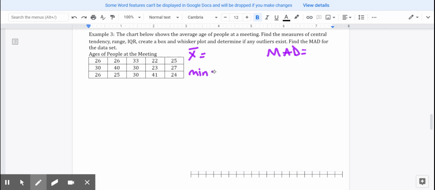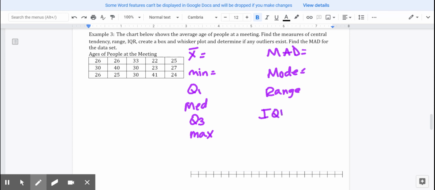So that'll be the minimum, Q1, median, Q3, and the max. In addition, they want us to find the mode, so the other measure of central tendency, the range, max minus min, IQR, so Q3 minus Q1, and finally they want us to test for outliers.